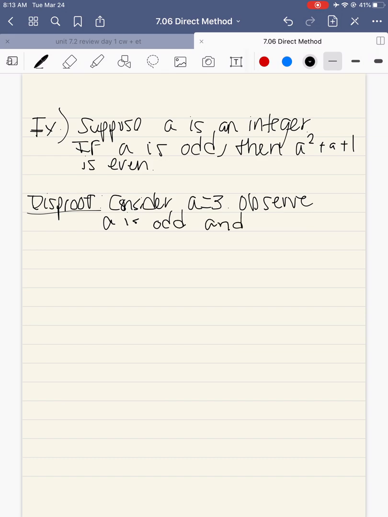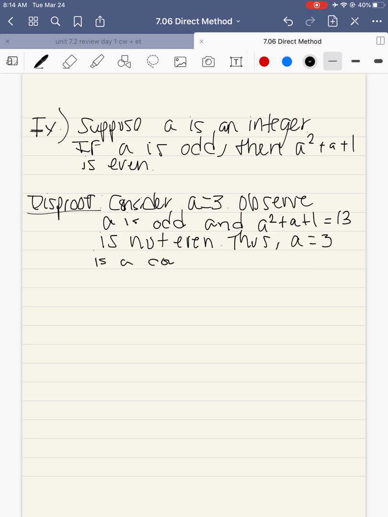And if I sub 3 into my statement, then a squared plus a plus 1, I would get 13. And that is not even. So thus, a equals 3 is a counterexample. And the statement is disproven.